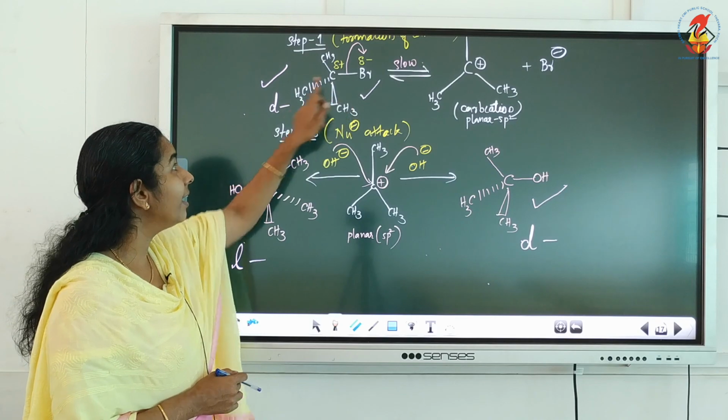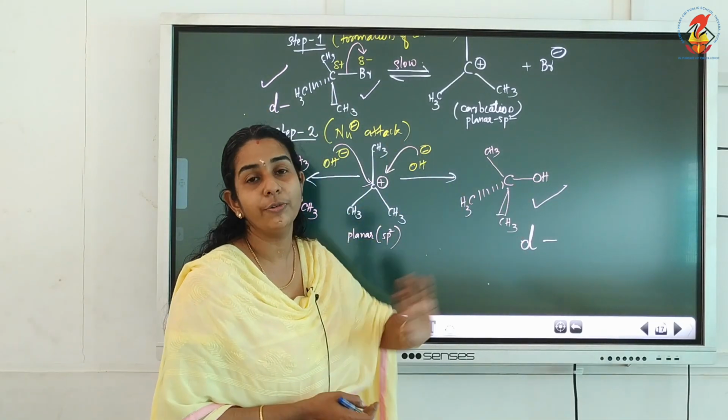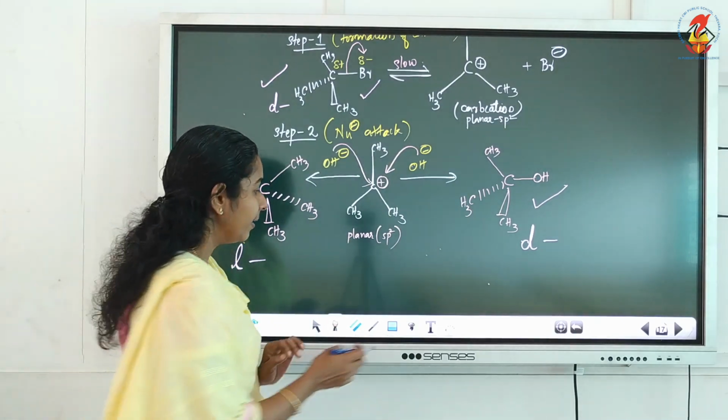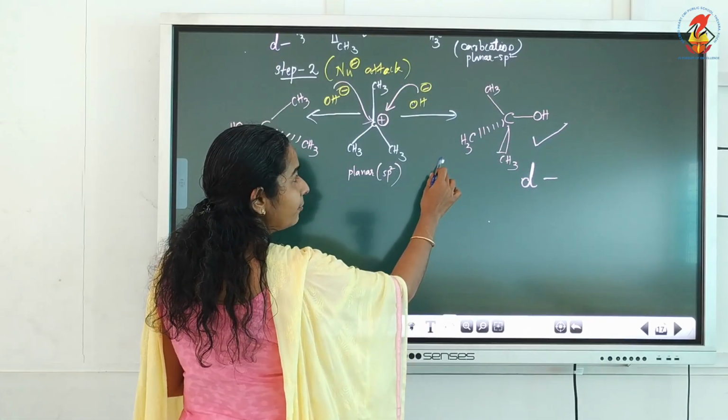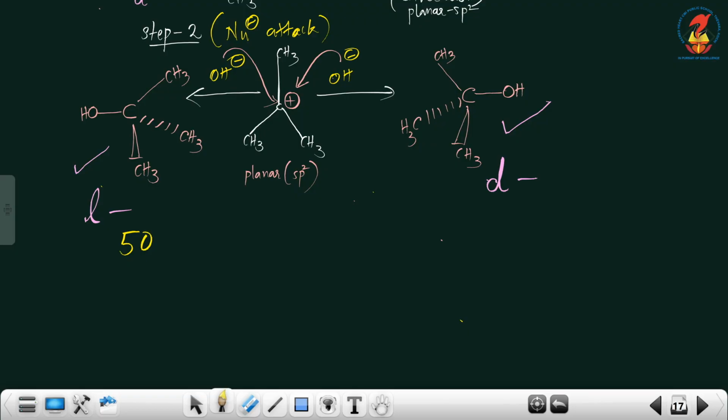If the alkyl halide we are taking is L, this will be L, having the same configuration. And after the SN1 mechanism we are getting 50% D and 50% L.